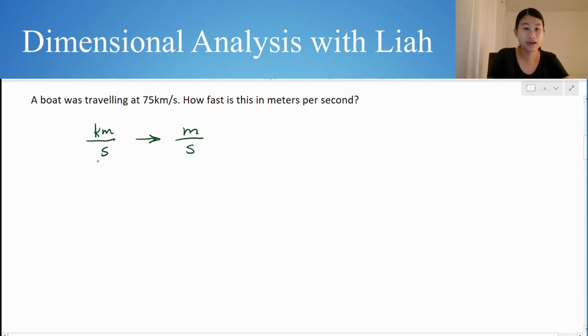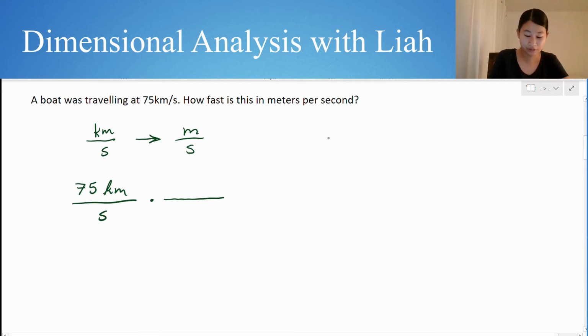So now that we have what we start with and what we end with, we can go ahead and write this in math. So we have 75 kilometers per second, and we need to multiply by something to get rid of this kilometers and end up with meters instead.